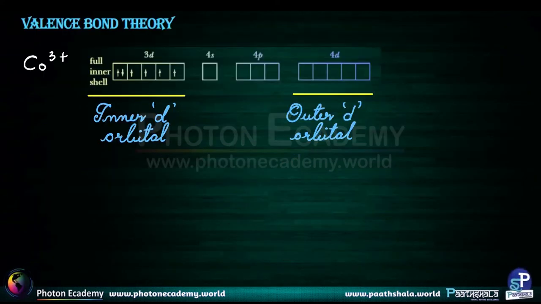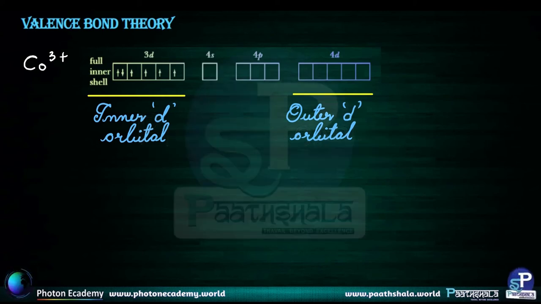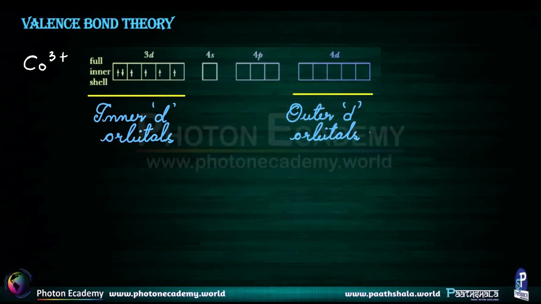This here is the electronic configuration of the cobalt 3+ ion. In this case, the 4d orbitals are called the outer d orbitals and the 3d orbitals are called the inner d orbitals. Let's imagine a situation where the 3d orbitals will be participating in hybridization.